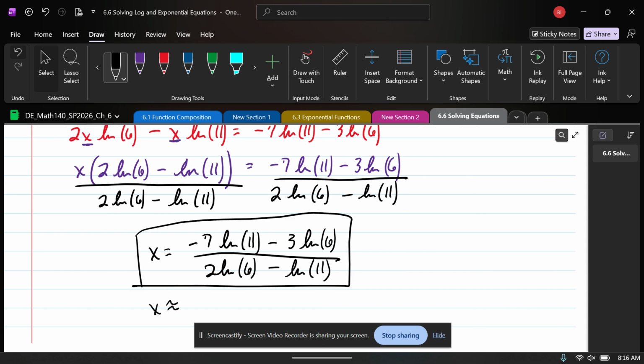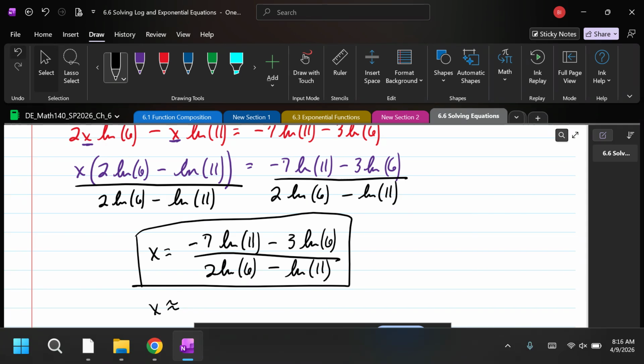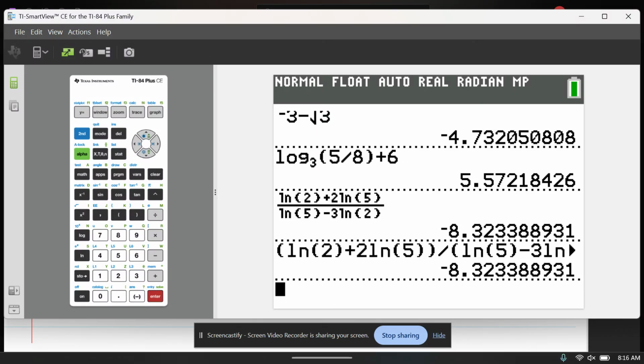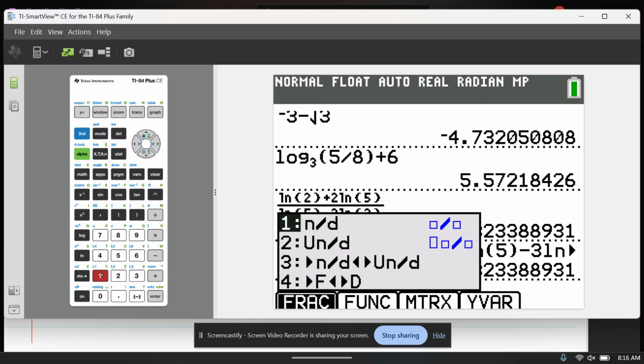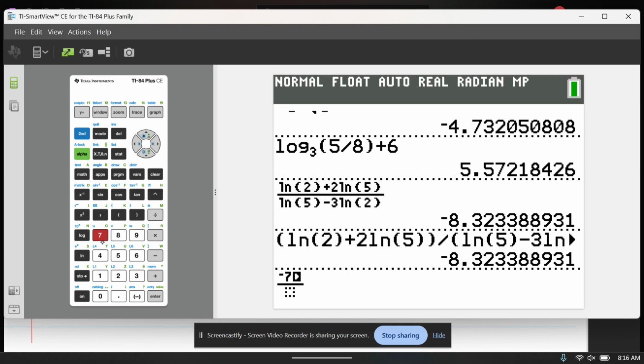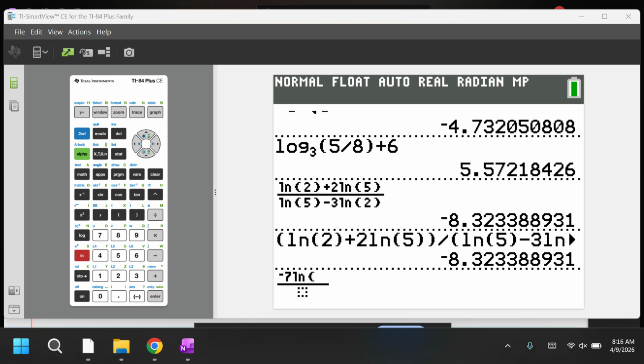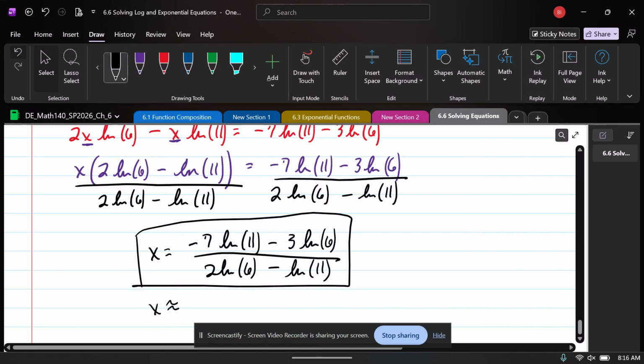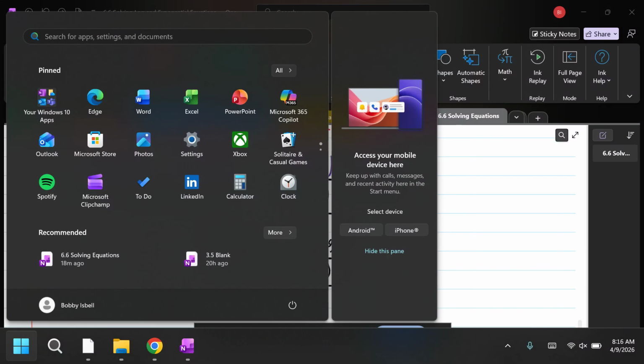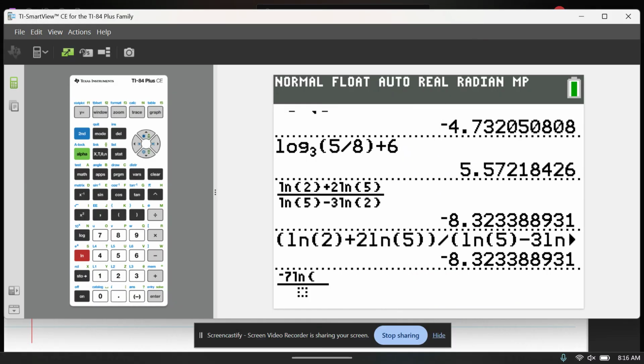Let's get a decimal approximation for that. We'll use the fraction button. Just helps me keep it organized. Negative 7 natural log of 11 minus 3 natural log of 6. Close the parentheses.